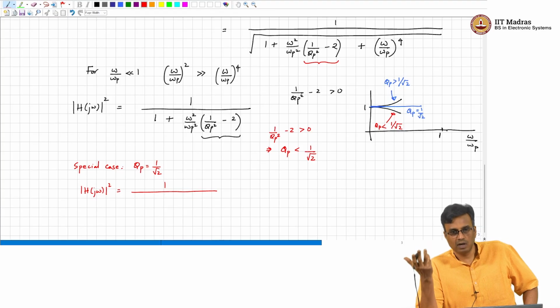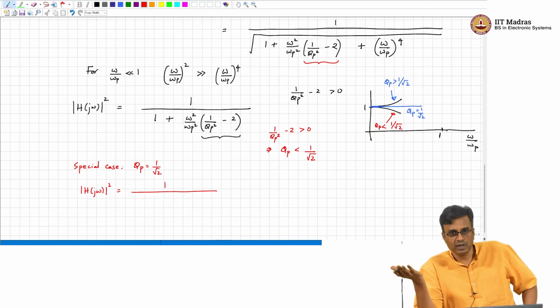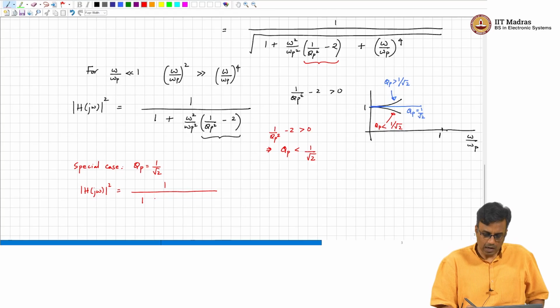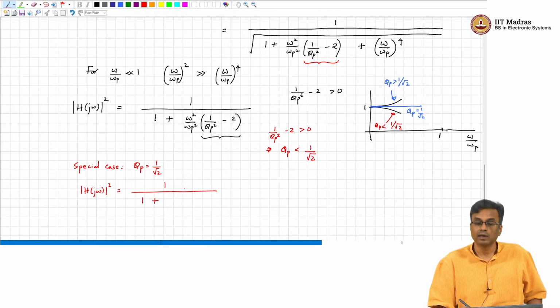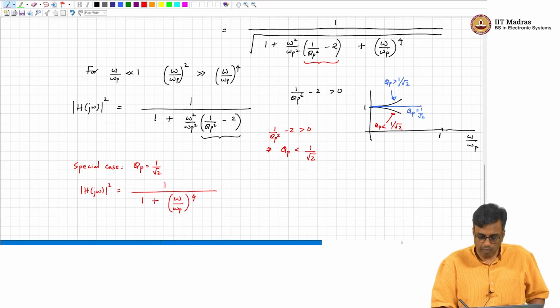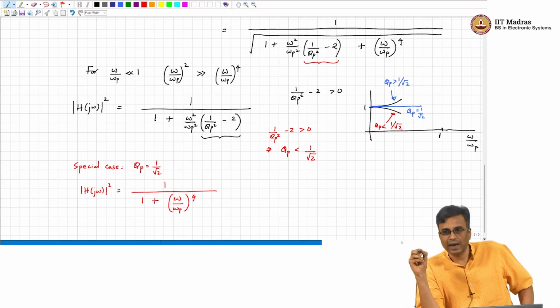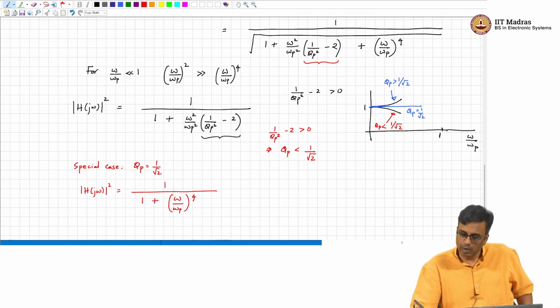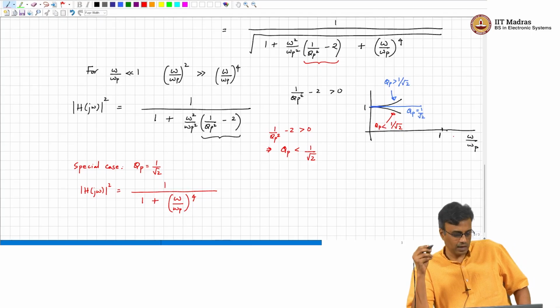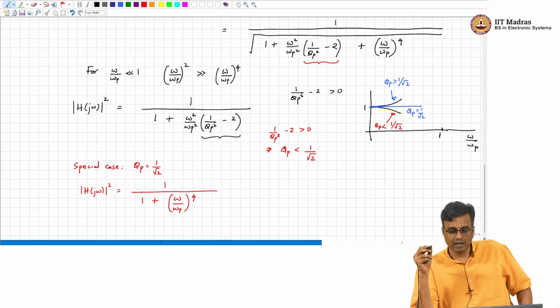So, what remains in the transfer function? 1 by 1 plus omega over omega p whole power 4, right. Around DC it is flat, it is not changing, but eventually as omega by omega p starts becoming larger and larger, what happens to the transfer function? It will decrease. So, at omega by omega p equal to 1, what will be the transfer function?